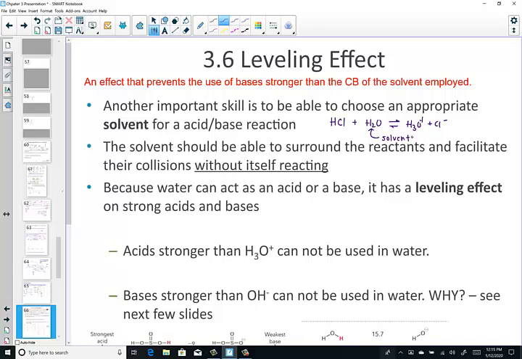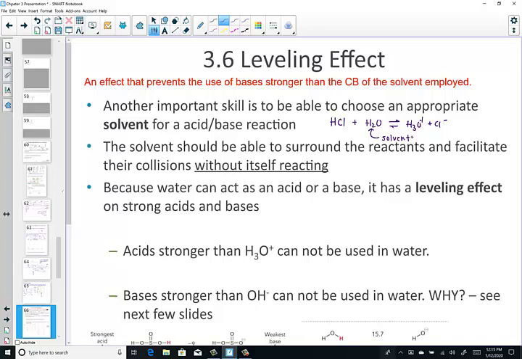See, if I were running these in a gaseous medium or some sort of solid medium, molecules don't have the ability to ionize and exchange partners. They have to have some sort of solvent, some medium to allow the kinetic motion of the molecules to collide and for bonds to break. We have to have a medium for the solution to allow proton transfer. So that's what a solvent is for.